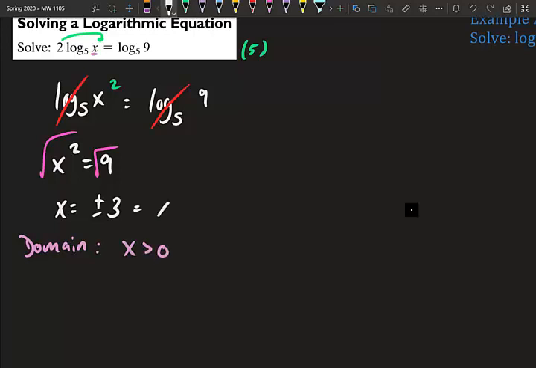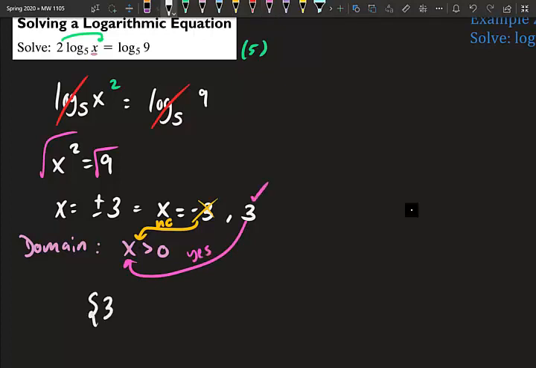If we have x equals negative 3 and positive 3, we have to compare them. Is negative 3 greater than 0? No. So that's not a solution. Is 3 greater than 0? Yes, it is. So our only solution is positive 3.